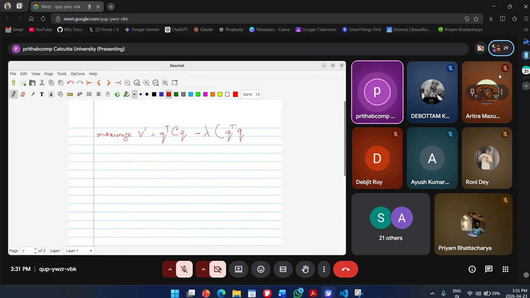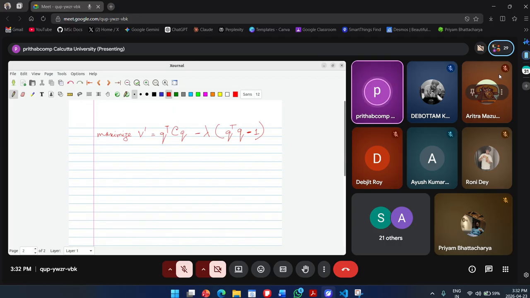So in order to bring that into the objective function, we write Q transpose Q minus 1, which must be near about 0. So that's why we write it in this fashion: Q transpose Q minus 1 times some scalar lambda. This is the way you use the Lagrange multiplier to add the constraint into the maximization function.